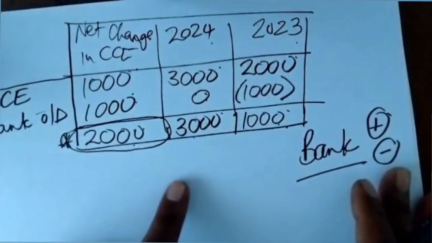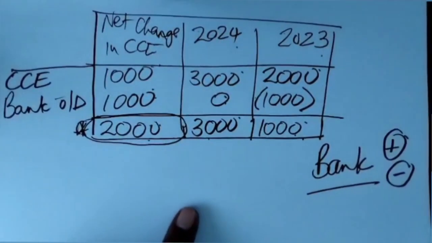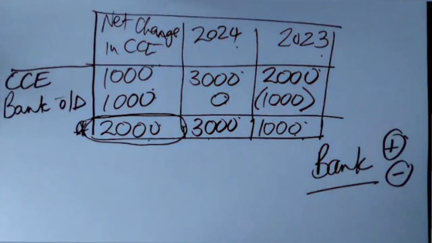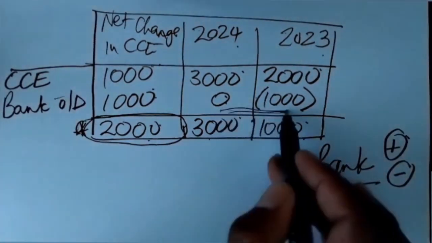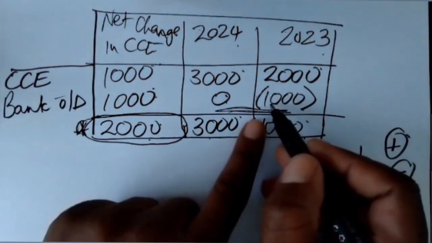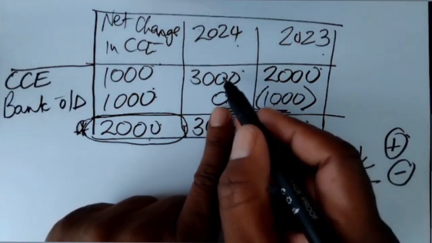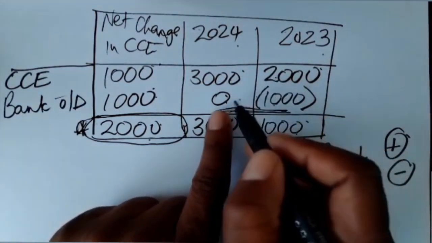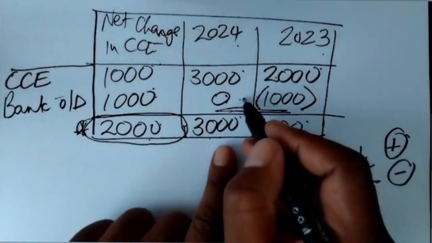When they ask you to calculate cash and cash equivalents, the catch is for them to see if you know how to calculate your bank overdraft. It is critical that you know this 1,000 is already a negative figure, so here you're saying 0 minus 1,000, and there's a double minus.